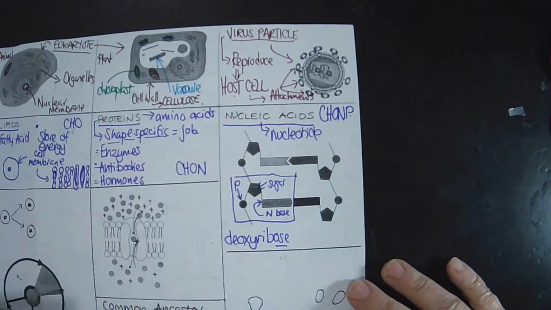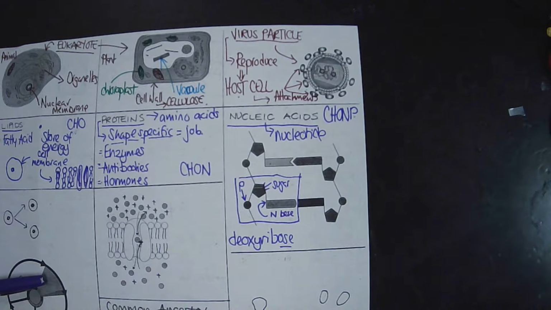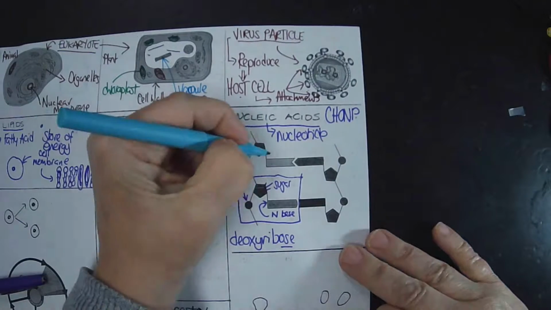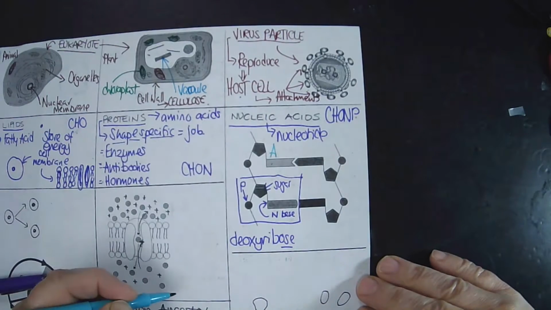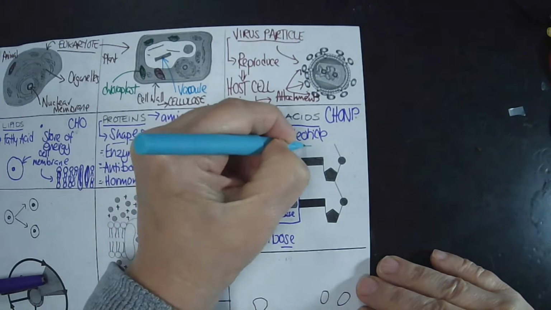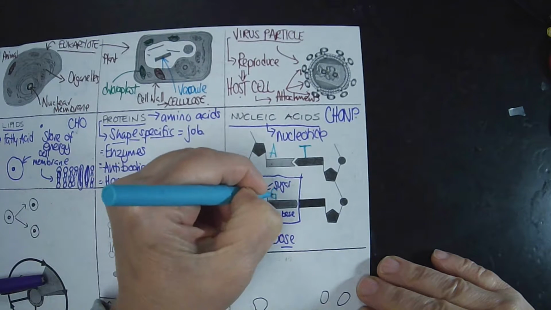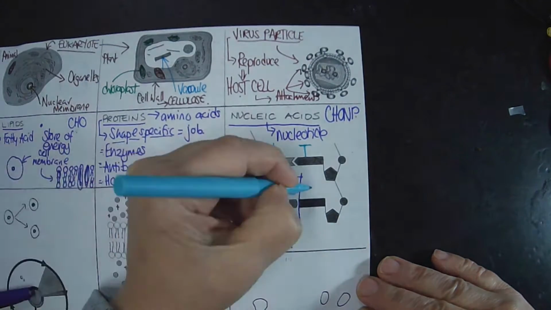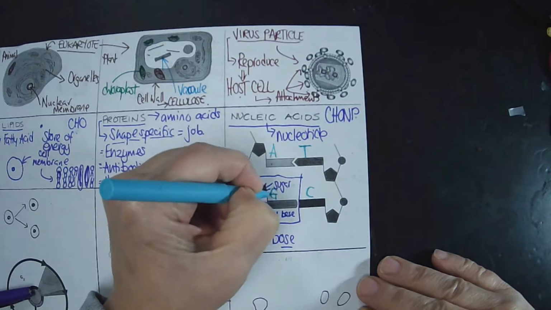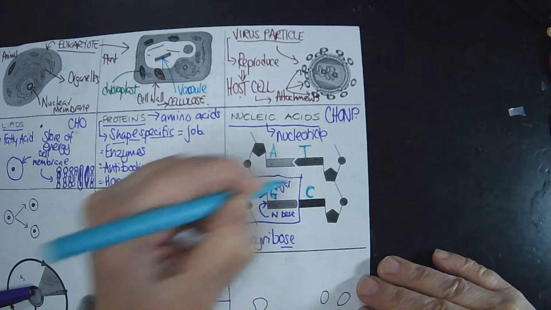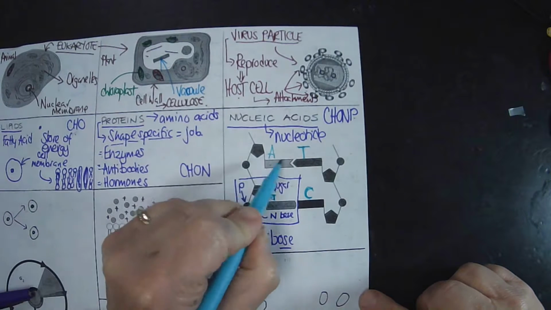And there are 4 types of nitrogen bases. And the 4 types are A for adenine, T for thymine, G for guanine, and C for cytosine. And they complementary base pair.